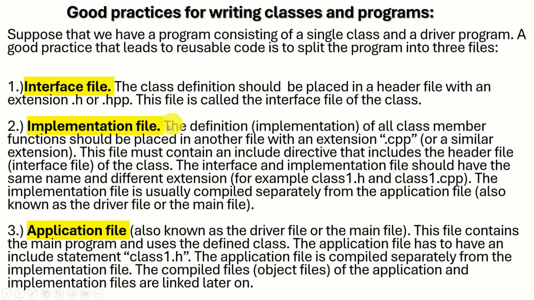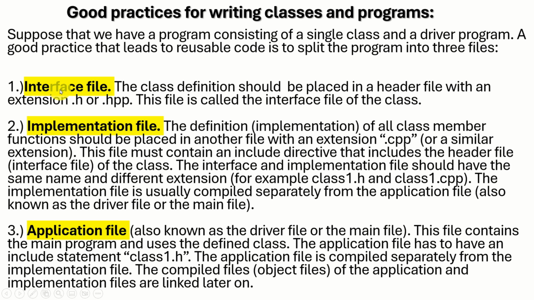Then we will create a second file called the implementation file. The definition or implementation of all class member functions should be placed in another file with an extension .cpp or a similar extension. For example, the extension can be .cxx. This file must contain an include directive that includes the header file or interface file of the class.